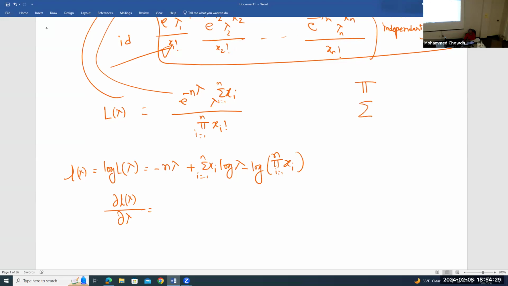This is called the addition sign. This is called the addition sign. This is called the multiplication sign. So if you differentiate this with respect to lambda, you are getting there minus n, you are getting there sum of xi over lambda, you are getting there 0 because there is no lambda in here, right? You are differentiating with respect to lambda, right? And then you have a 0. Clear?